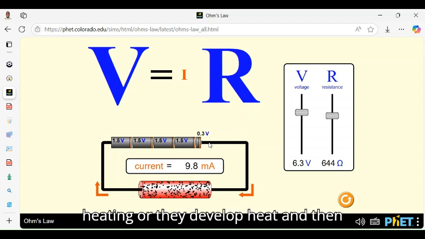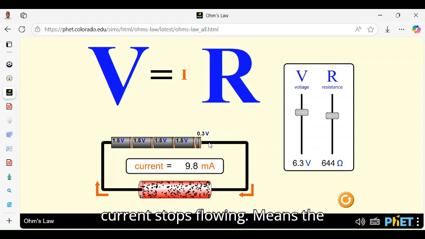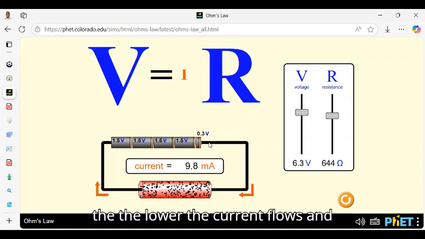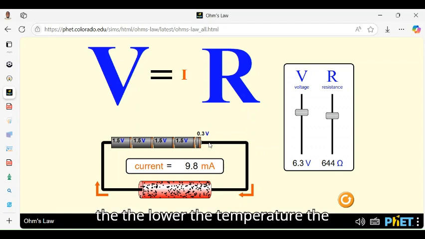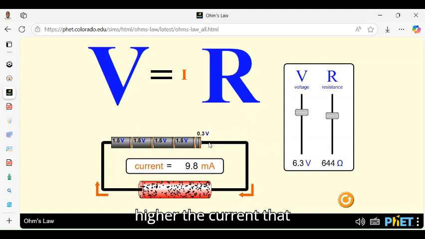They develop heat, and then current stops flowing. It means the higher the temperature, the lower the current flows. And the lower the temperature, the higher the current that is flowing.